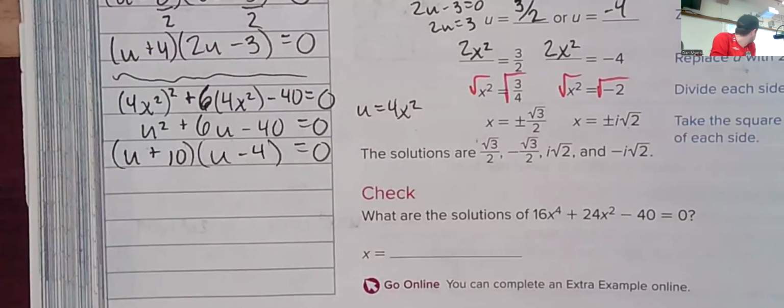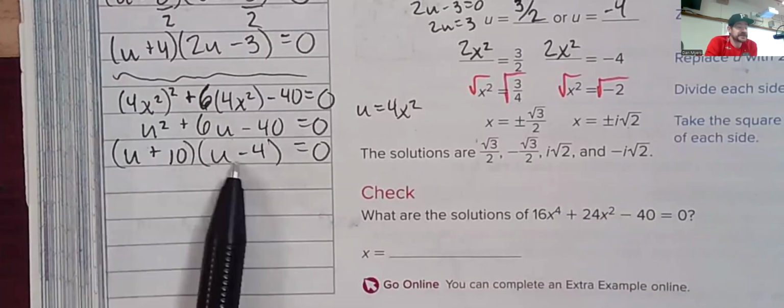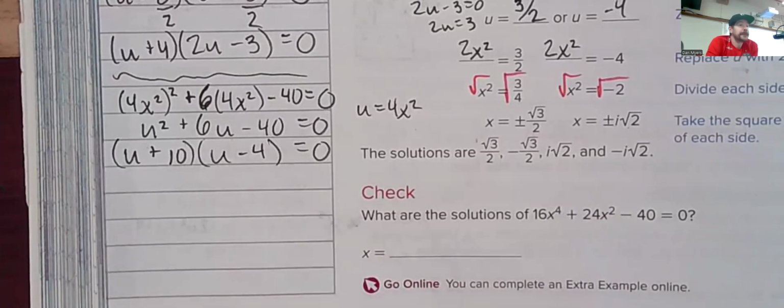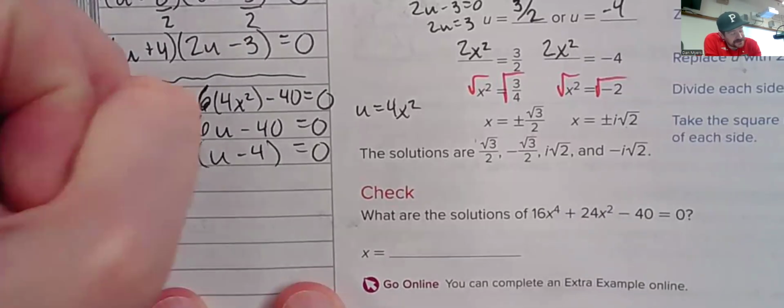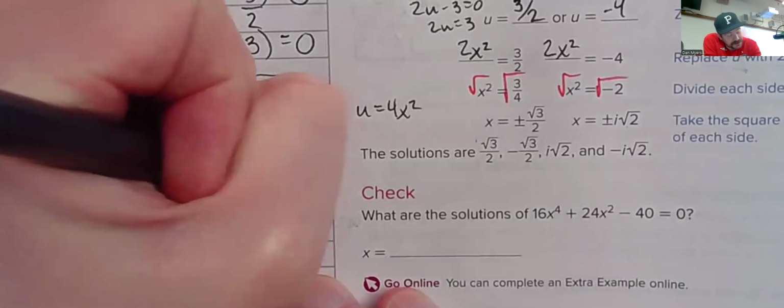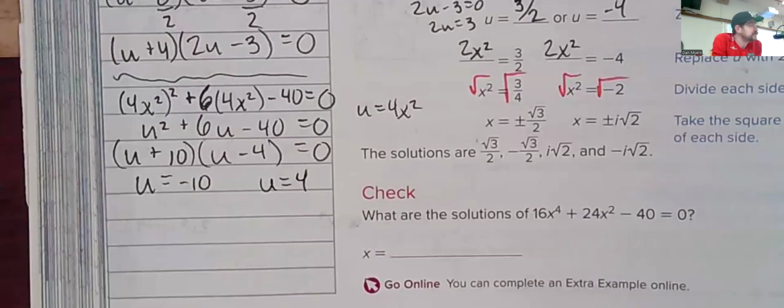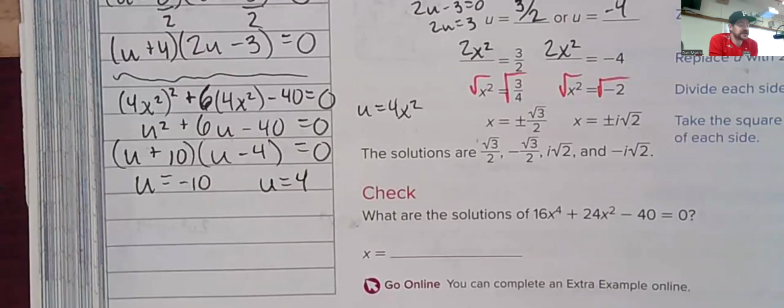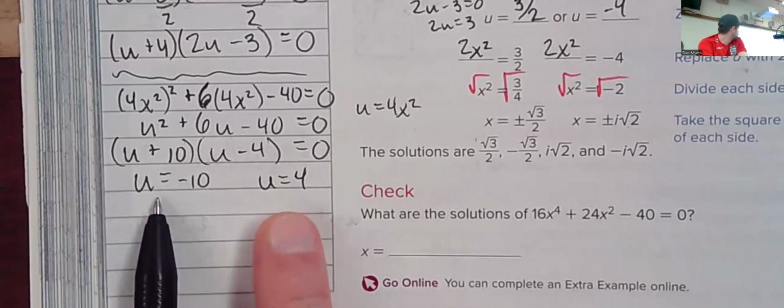So 10 times negative 4 is negative 40. 10 plus negative 4 is 6. So we've got u plus 10 times u minus 4 equals 0, which means that u equals negative 10 and u equals 4. If you set them equal to 0 and solve for u, you get those.